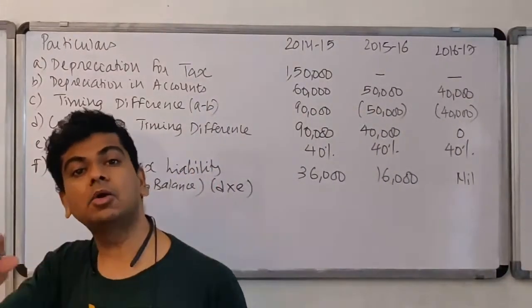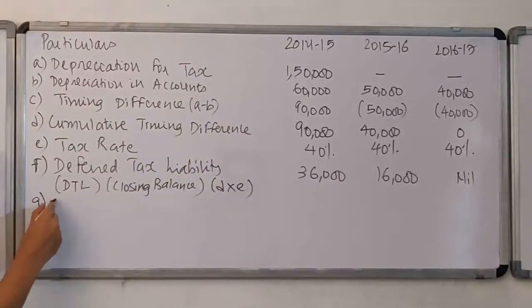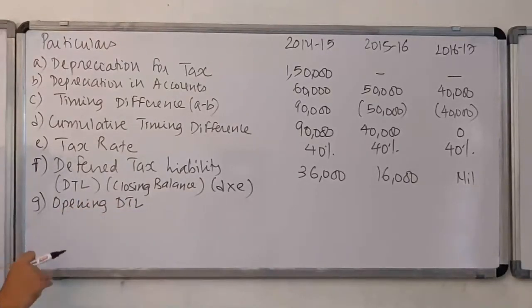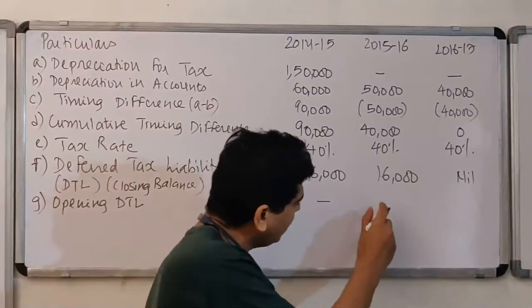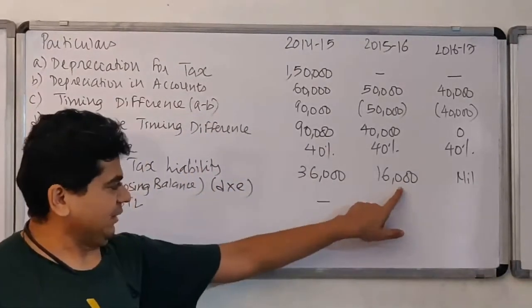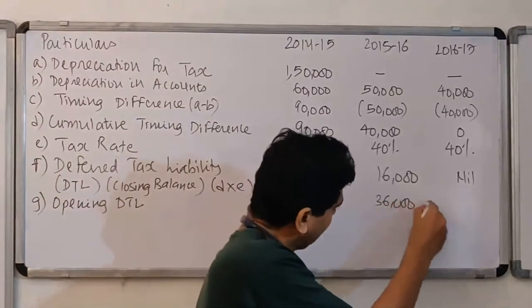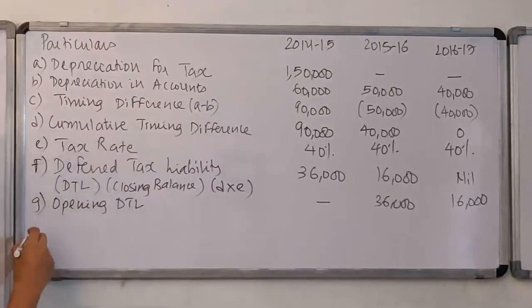So you are getting the closing balance of the DTL. Okay. Now I will say opening DTL. This is the very first year, so it does not have any opening balance. For 16,000, the previous will become the opening balance, and here 16,000 will become the opening balance.